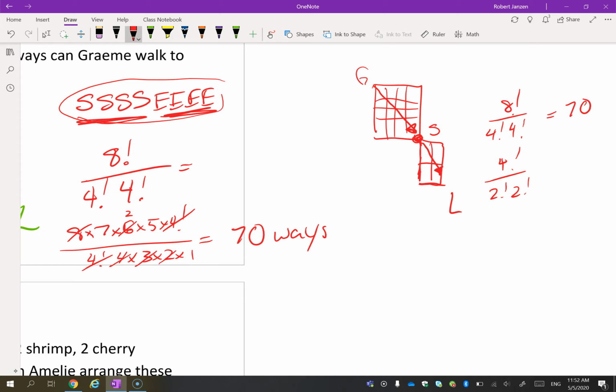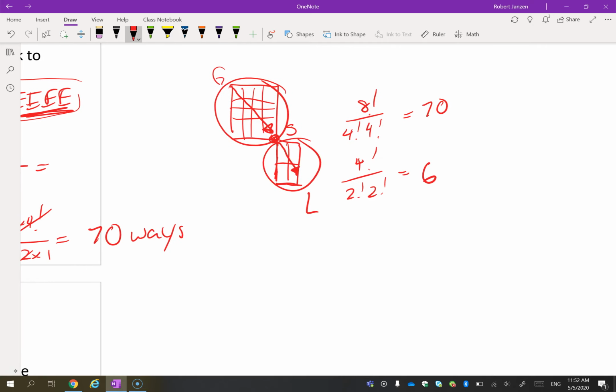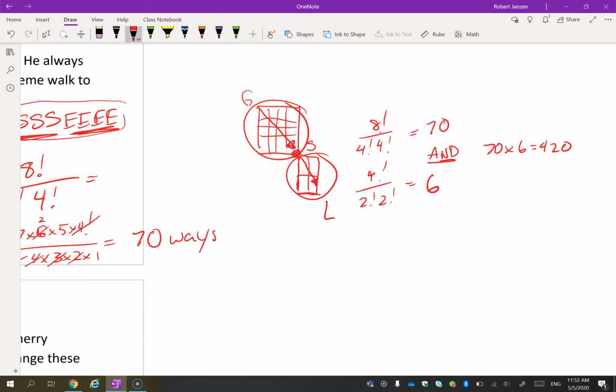So you're going to have 70, and then this would be, I think, 6. So 70 ways to do this, and 6 ways to do this. What do we do when we have and? That's multiply. So there'd be 420 ways if you have a combination like that. Okay, don't forget, and means multiply, or means add.